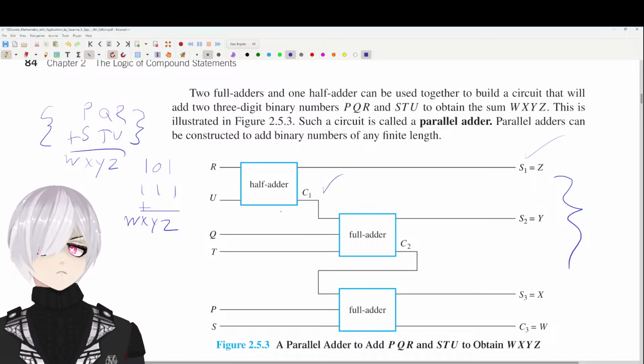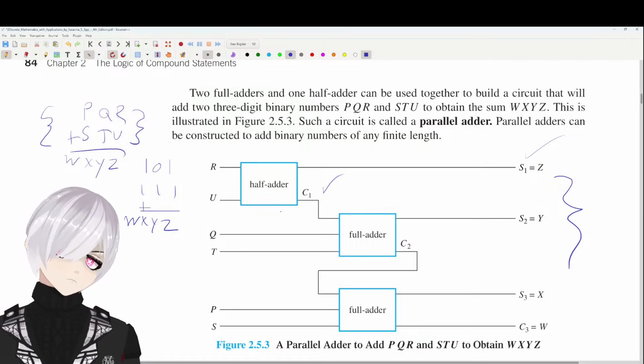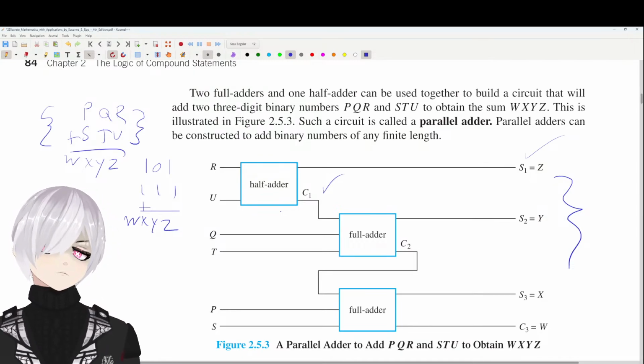So C1 Z could be one of three things. It could be 0 0, in which case adding C1 to Q and T would just be 0 plus Q and T. C1 Z could be 0 1, in which case the C1 is again just 0, so it doesn't contribute.